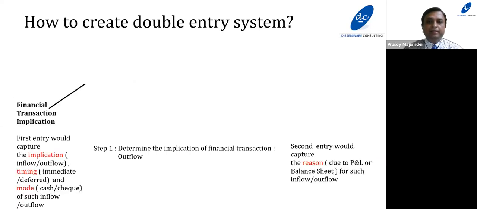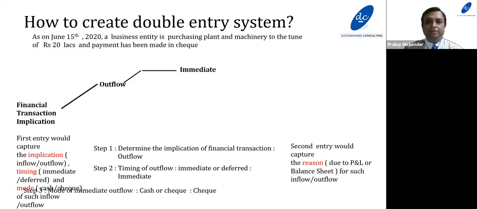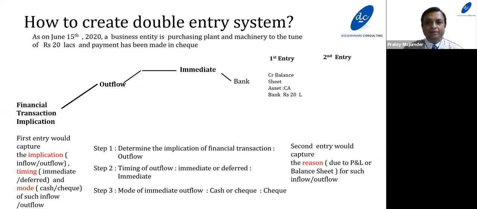Next, let us look at another example. As on June 15th, 2020, a business entity is purchasing plant and machinery to the tune of rupees 20 lakhs and payment has been made in check. Very simple.